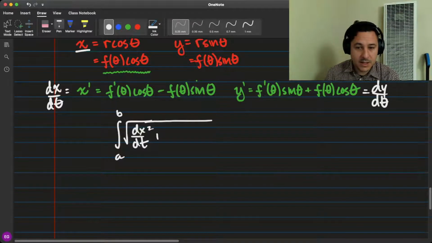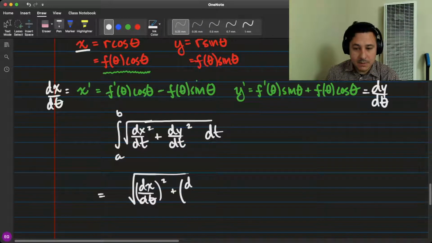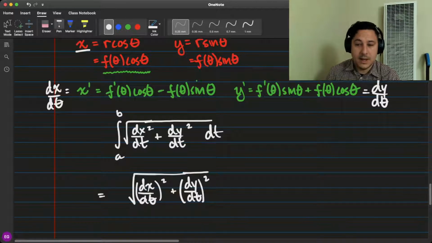So you can make these replacements. The dx dt squared is now dx d theta squared, and the dy dt is dy d theta squared. Because you're changing the independent variable from t to theta, this is now d theta.